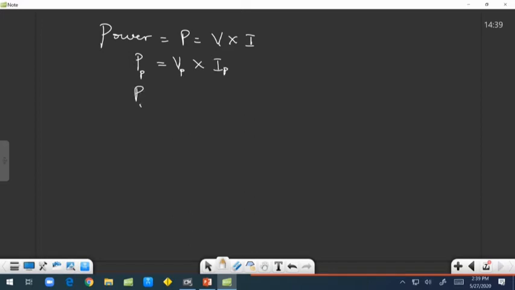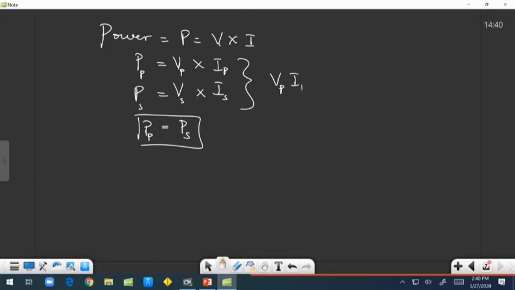And the power at the secondary is equal to the voltage at the secondary multiplied by the current at the secondary. Since the powers are the same, the voltage at the primary multiplied by the current at the primary is equal to the voltage at the secondary multiplied by the current at the secondary. Therefore, we have Vp over Vs is equal to Is over Ip.